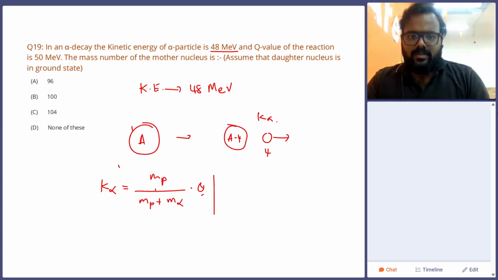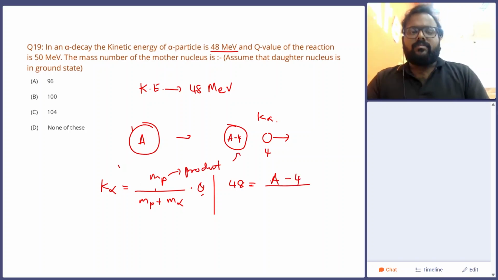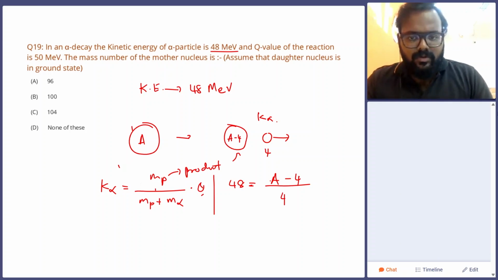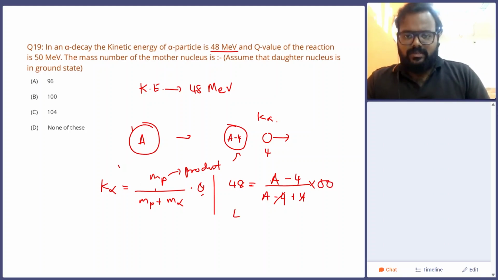Simple, so you are basically conserving energy. K alpha is 48. The product is A minus 4, divided by A minus 4 plus 4, which becomes A, into Q, which is 50.